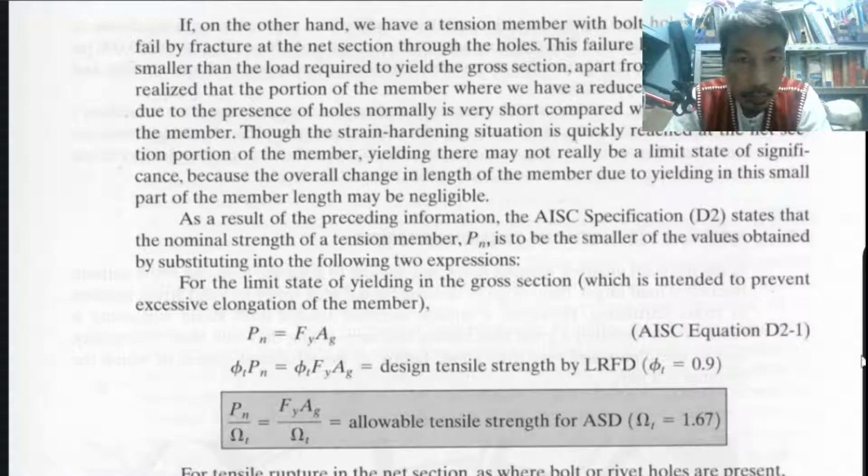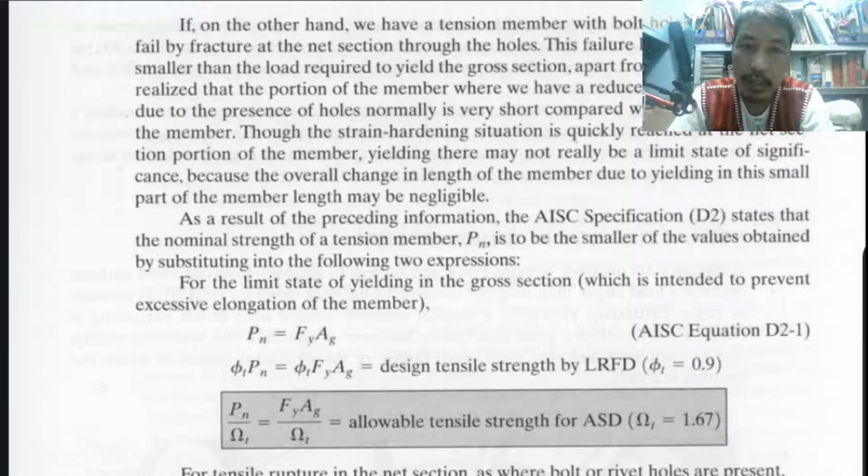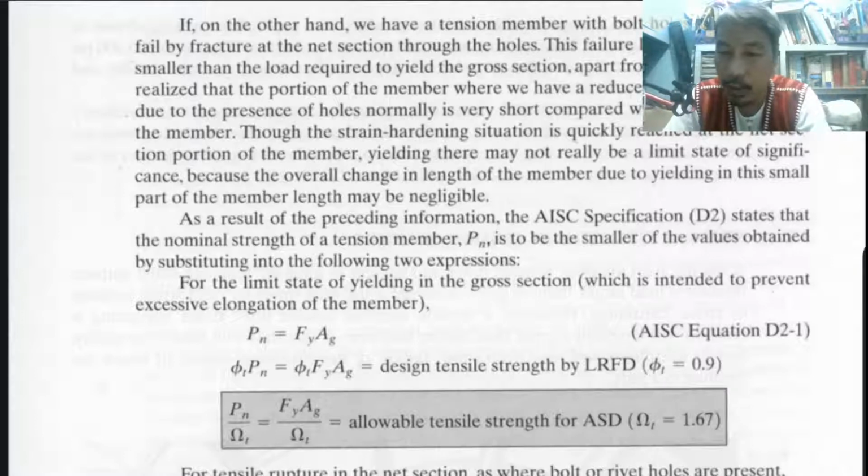So it is to be realized, therefore, that the portion of the member where we have a reduced cross-sectional area due to the presence of holes normally is very short compared with the total length of the member. So for example, we are connecting one element to the other. Usually those are connected at the edge of the member, or at the middle of the member.